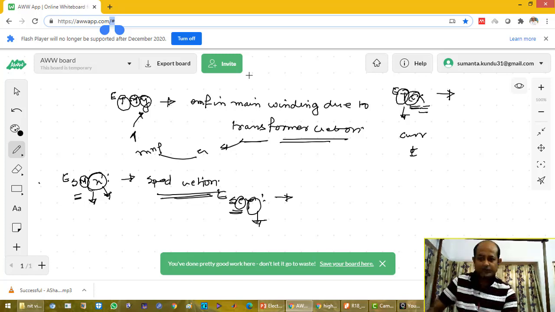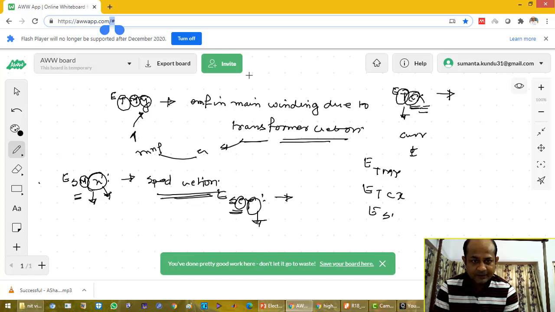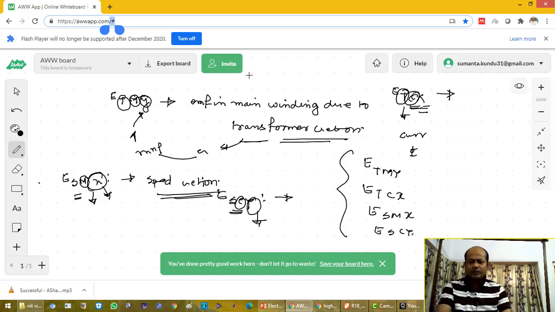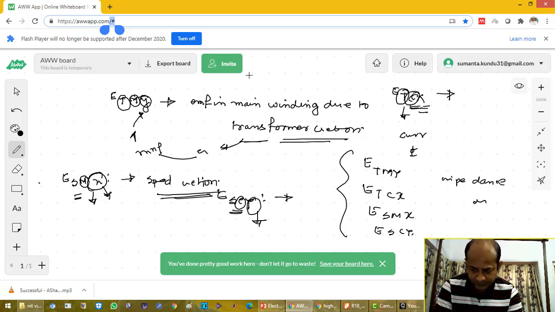So these are the few things. Proper grouping of these voltages along with their impedance drop is required for these four: ETMY, ETCX, ESMX, ESCY. Along with the impedance drop of the rotor winding, this enables us to determine the rotor current.